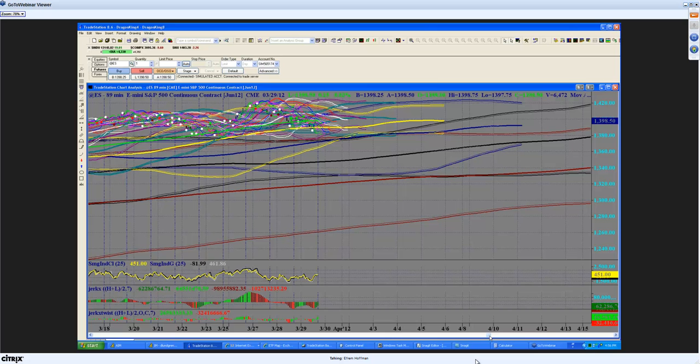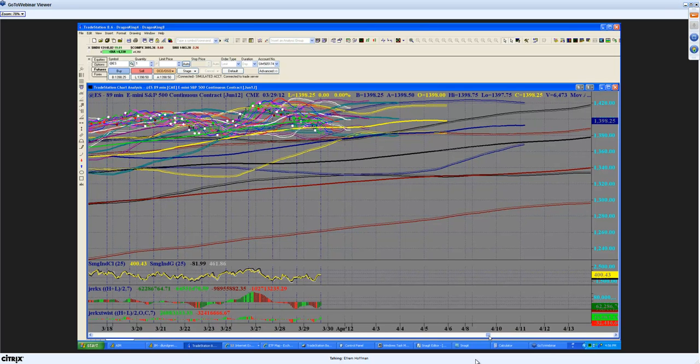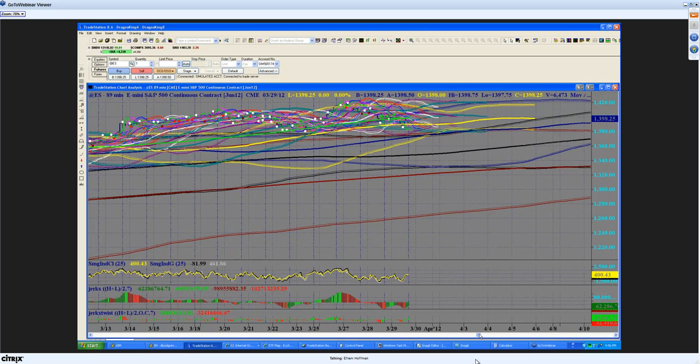I still am seeing some very dangerous action that could put us back into free fall as we progress through 2013 and 2014. So the longer-term perspective has not changed. It's just that we're trying to take advantage of short-term action for day traders and intermediate-term action over the next few months for the intermediate-term trader.